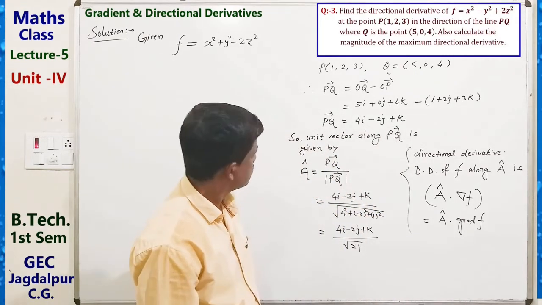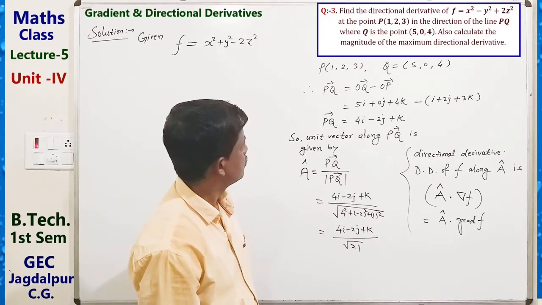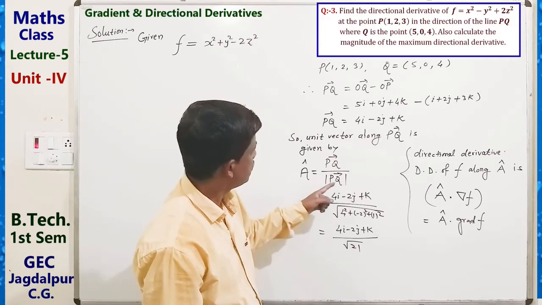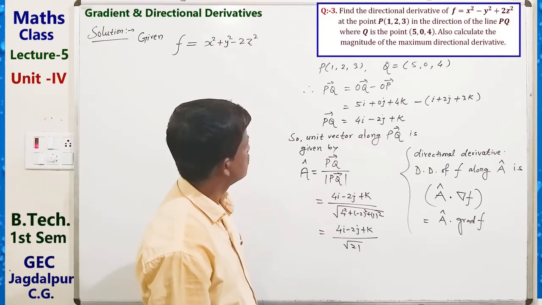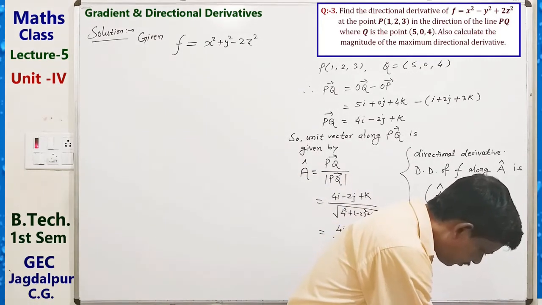Okay, so see here, OQ minus OP gives this PQ vector, at the point (1, 2, 3).